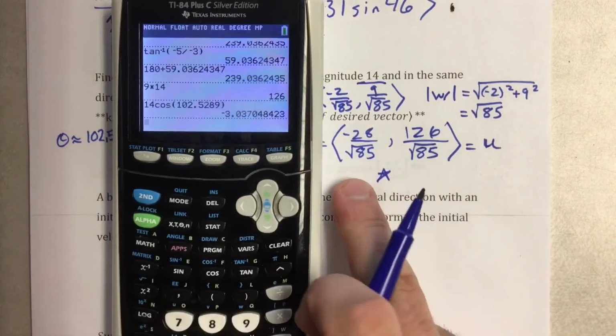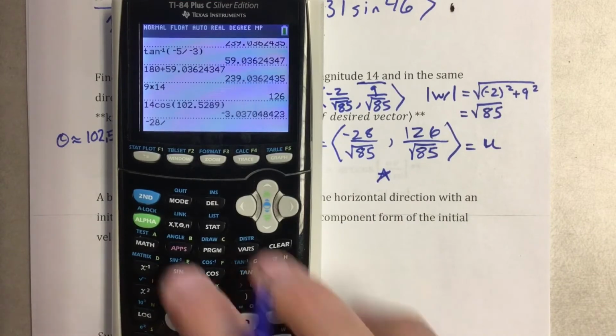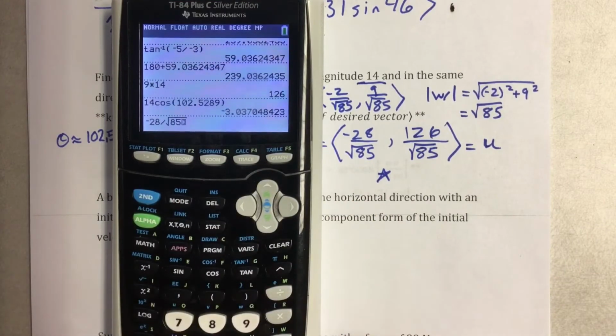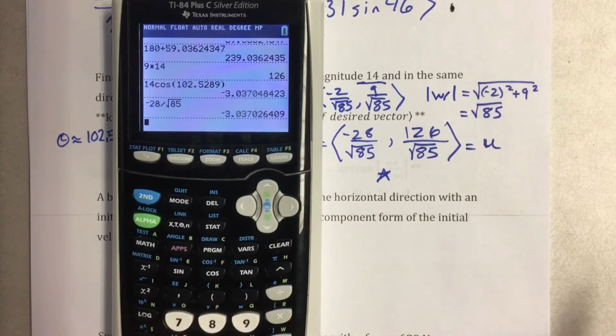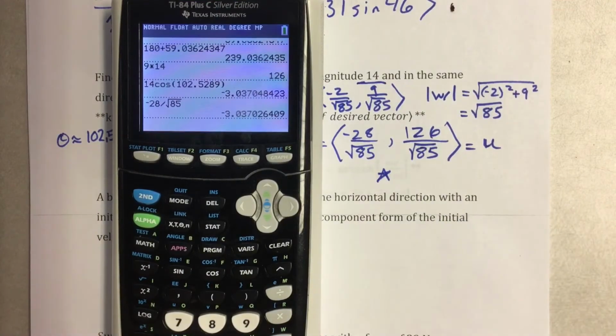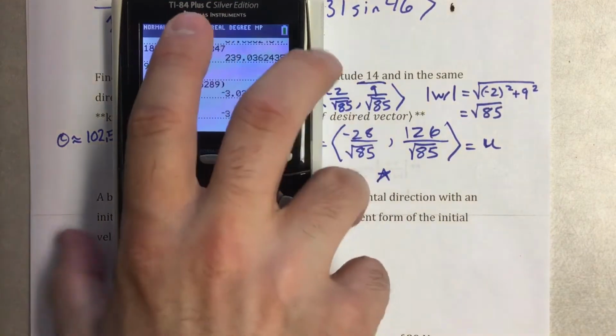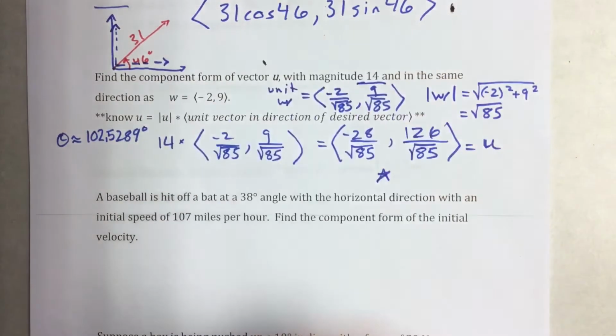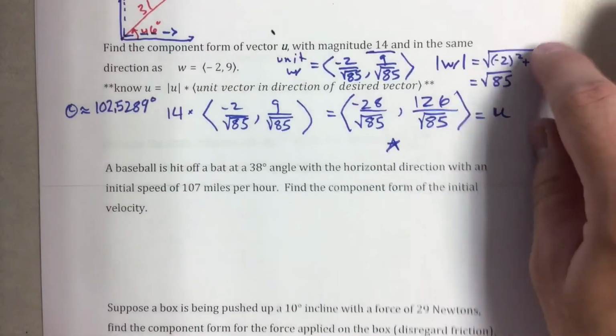Watch what happens when I take negative 28 and divide it by root 85. We get the same exact thing. And then if you did 14 sine of that angle, it's going to equal this as well. All right, so that's how we do it if we had the magnitude and the vector we wish to go in. That's a little time-consuming problem there.